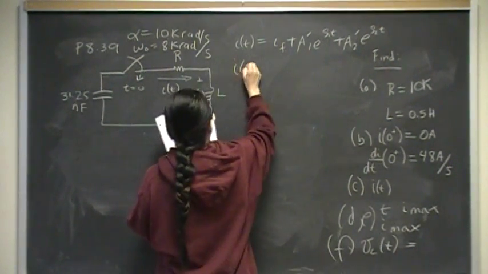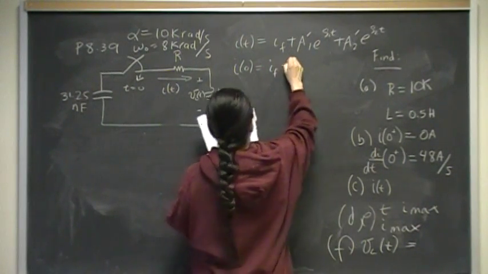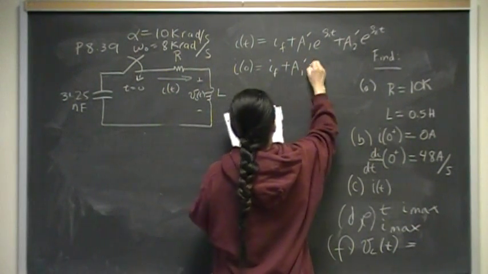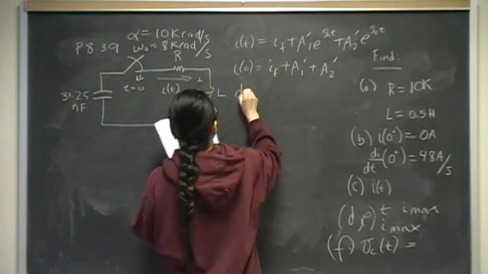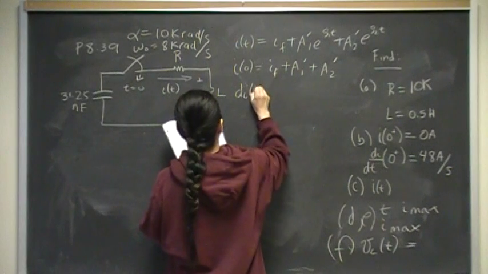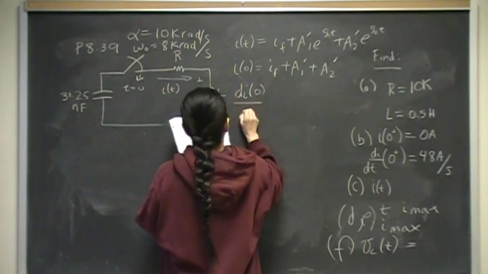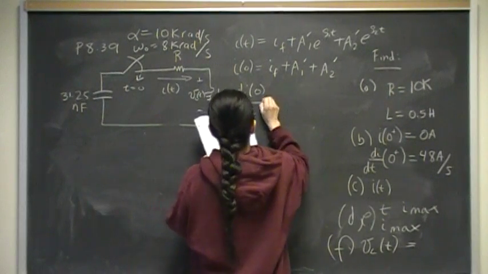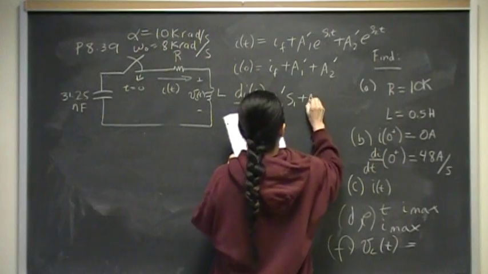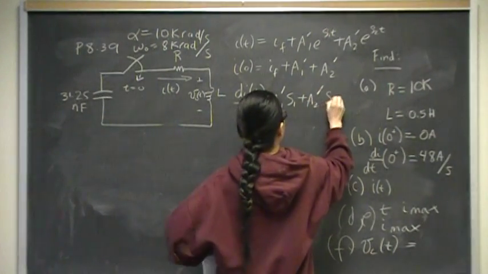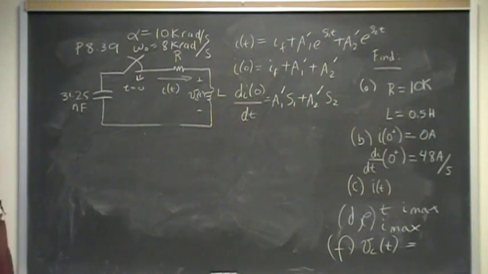And i of 0 is equal to i final plus A1 prime plus A2 prime, and di/dt of 0 is A1 prime S1 plus A2 prime S2. Those are the three equations that we need to solve to find the general equation.